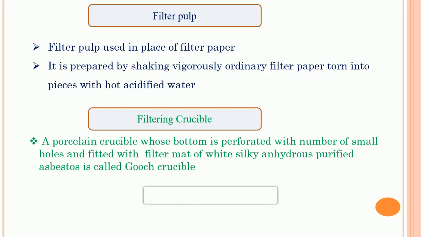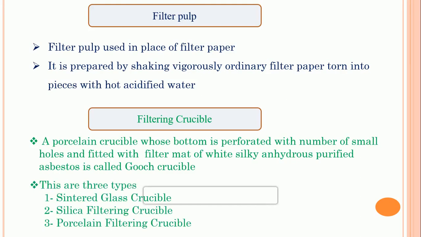Now see the three types of filtering crucible used for the filtration purpose. First one, sintered glass crucible. Second one, silica filtering crucible, and third one, porcelain filtering crucible.